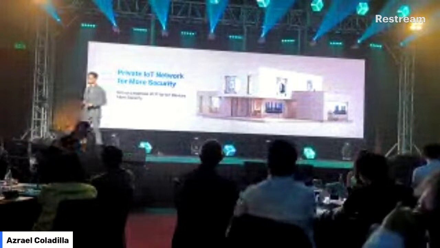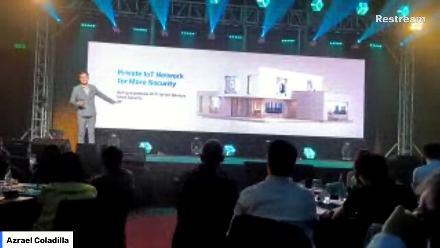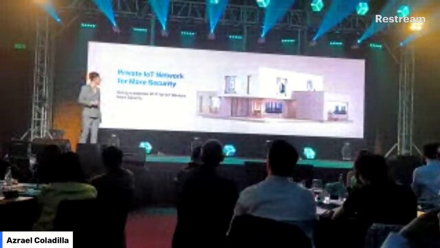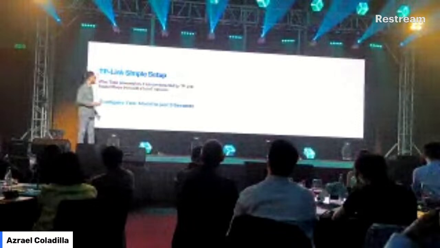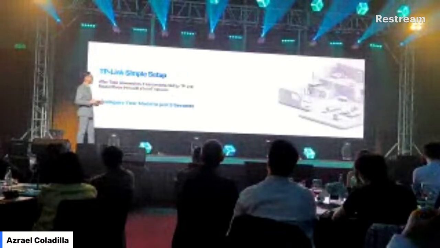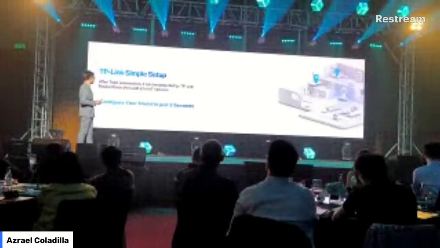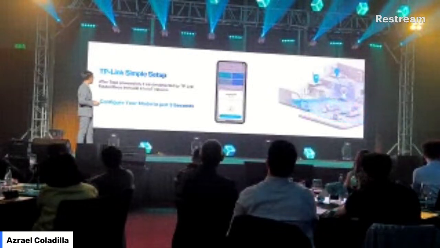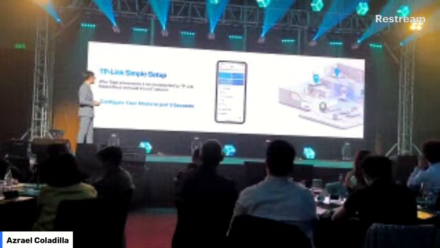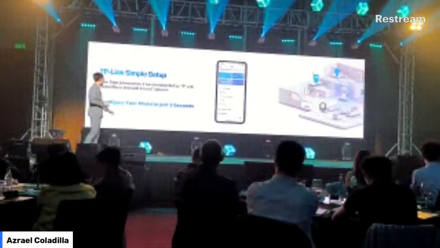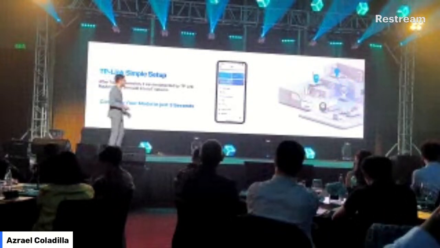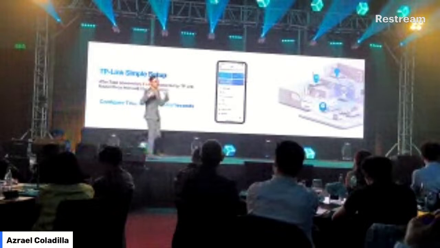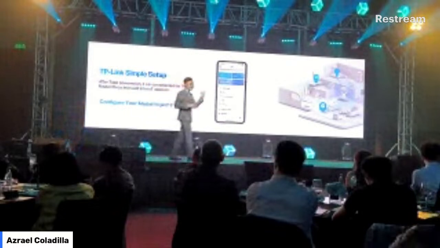And after that, all the TP-Link Tapo products will also support TP-Link simple setup. After a Tapo product is powered on, it can be auto-detected by the TP-Link router or Deco, and then directly added into your IoT network. So configure all your Tapo products within 3 seconds.